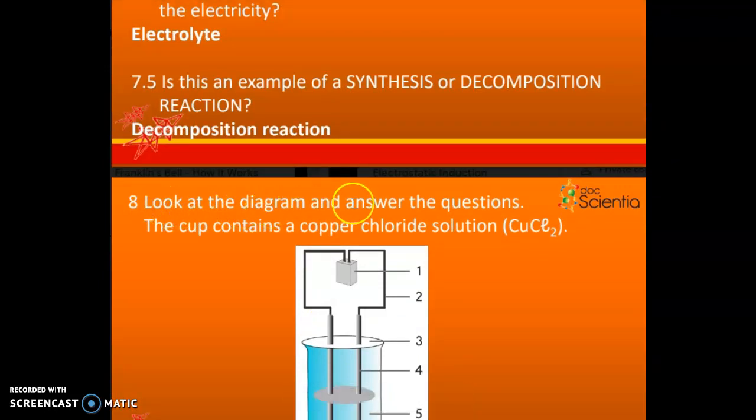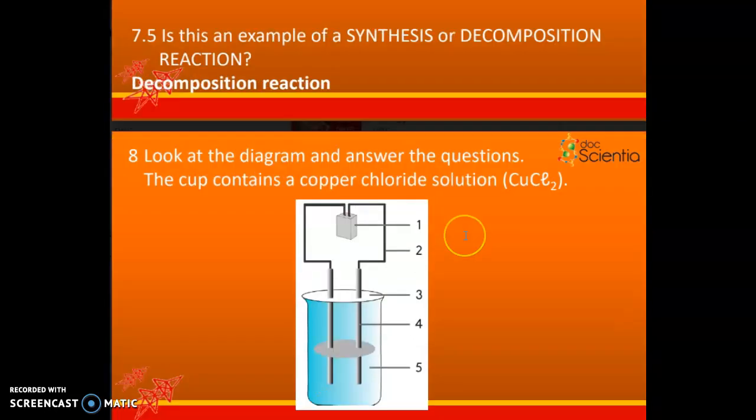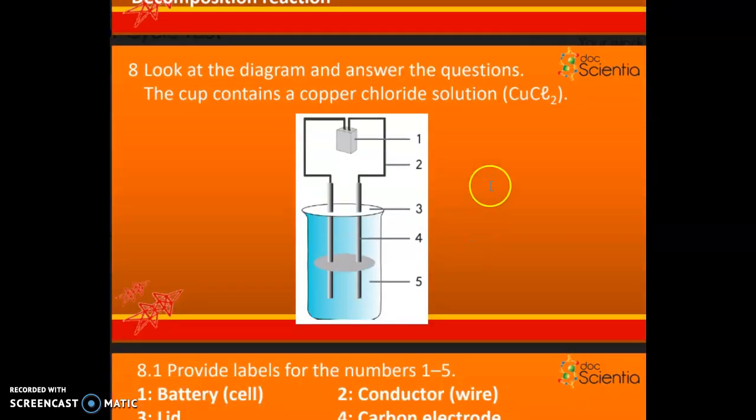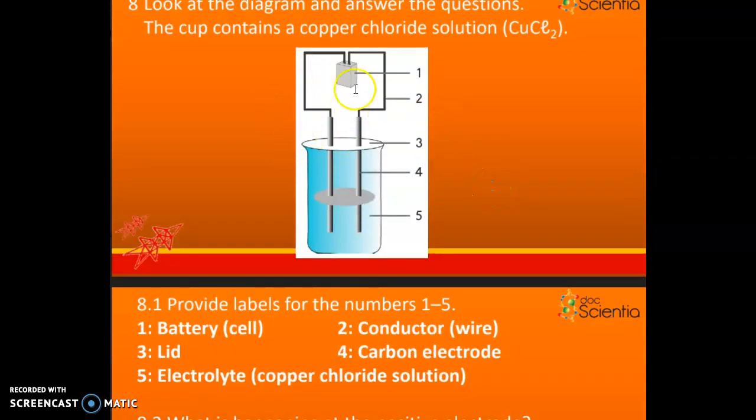Number 8. Look at the diagram and answer the questions. The cup contains a copper chloride solution. Oh, here we go. So here you have the battery, and it will flow in here. Maybe the positive side, this is the negative side, and something will happen there.